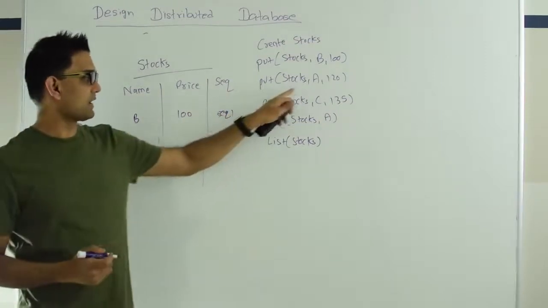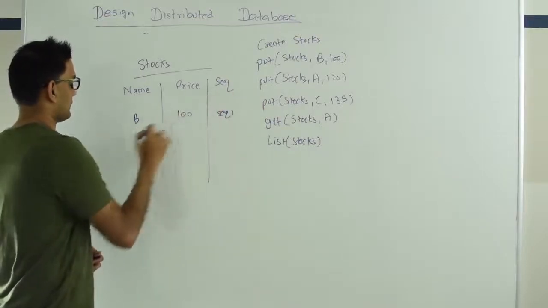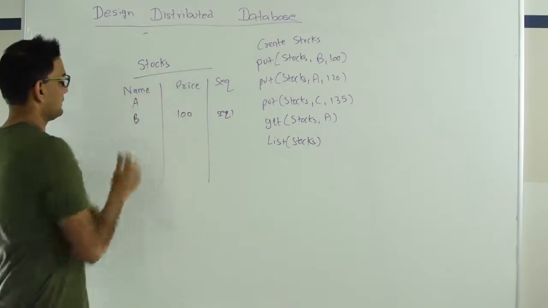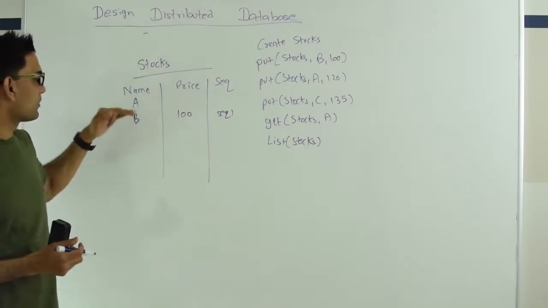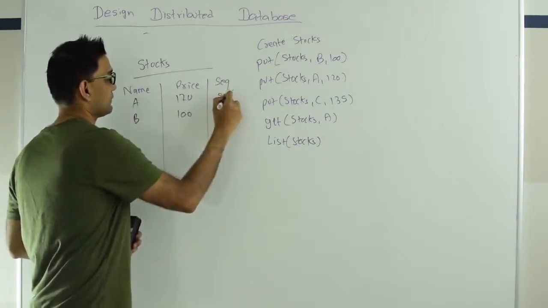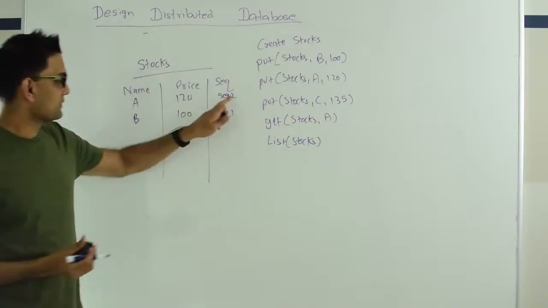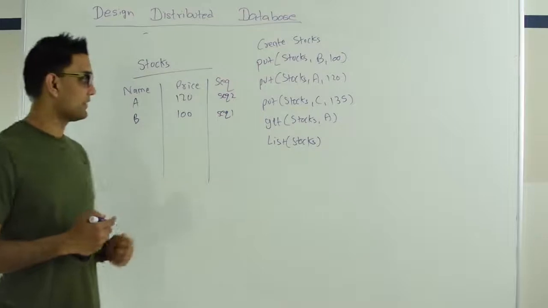Then I'll do a put again, and this time the name of the stock is A. Since we are sorting by the key, A will logically come before B in our table, with 120, and sequence number 2. And this sequence number 2 will be higher than sequence number 1 because our sequence is unique and always increasing.